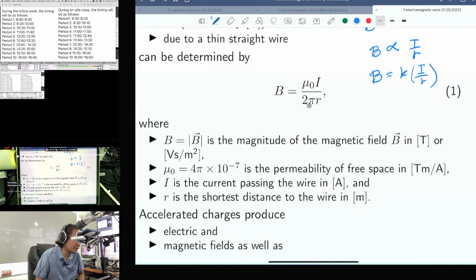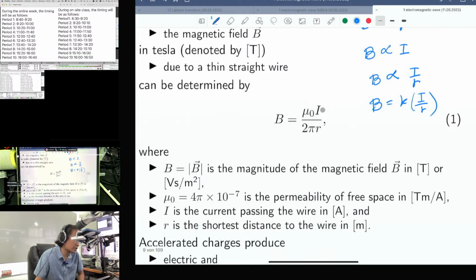Okay, I is the current, and as you know, current is the charge movement per time, right? It's actually coulomb per second, but we dedicate our appreciation to the person who spent so much time in his or her life on this quantity, the current, and we give it the letter A, which stands for the surname of André Marie Ampère.